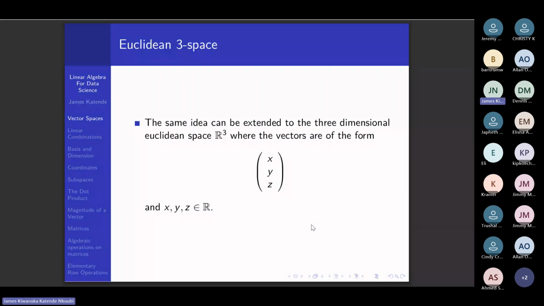So the same ideas we worked on can be extended to 3-dimensional Euclidean space, where you have 3 entries in your vector, x, y, and z. And now this one becomes a bit harder to draw, but still possible to draw. It's harder to draw because you have many possible directions you can view space.